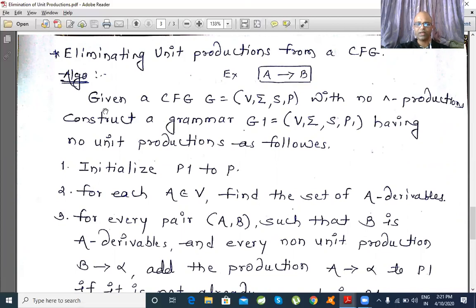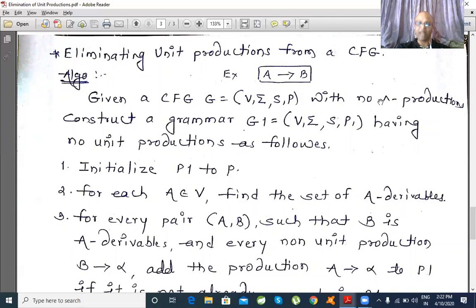What the algorithm says is how to eliminate unit productions. We will just apply this algorithm on a given example. So given a context-free grammar G, it is supposed to be given with no null production. This is very important. If you're trying to eliminate unit productions, you should receive a grammar free of null productions.